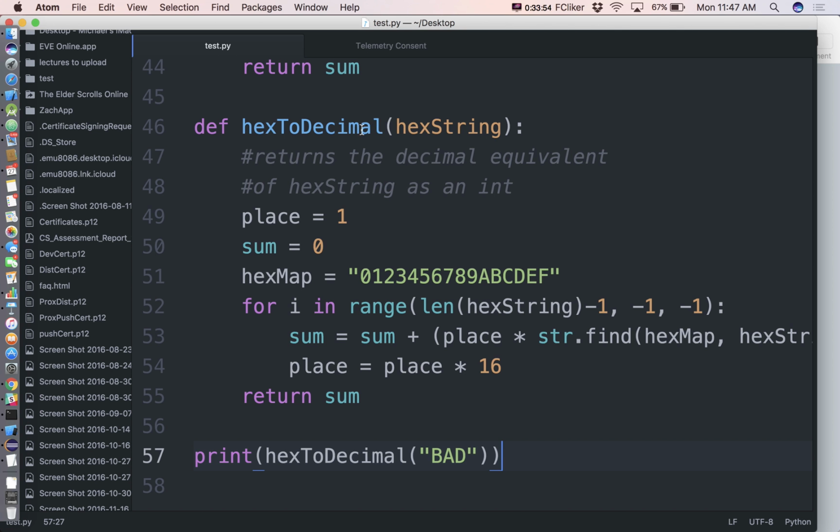So it's going to pass in the string BAD here, and it's going to go through and figure out what the decimal equivalent of that guy is, which is 2589, I believe. I didn't just convert it. It's my favorite one, so I use it pretty often. But I'm only about 97% certain I just told you the right answer to it. But we'll see here in a second.